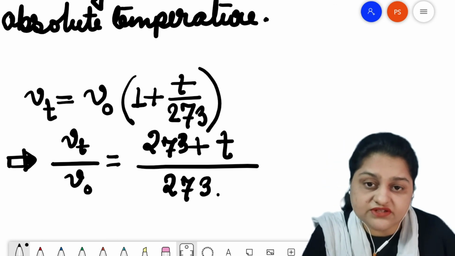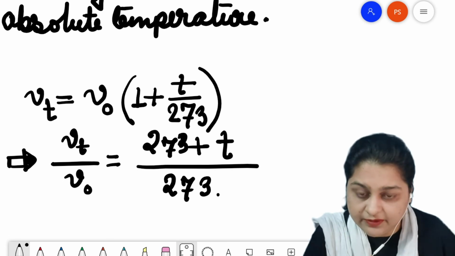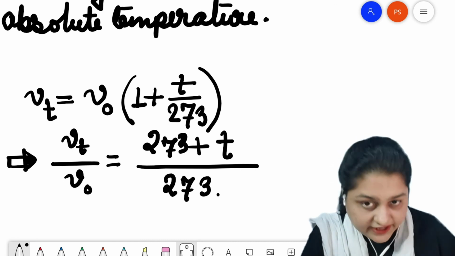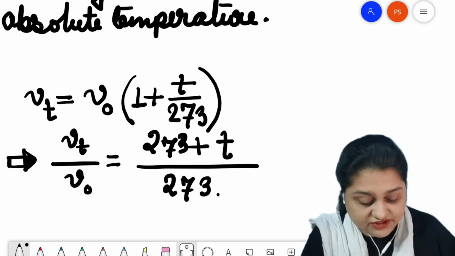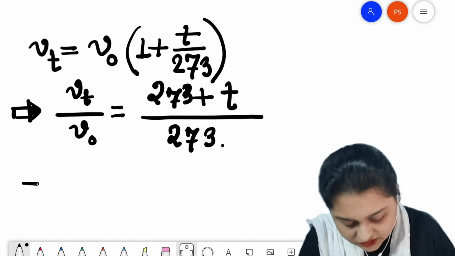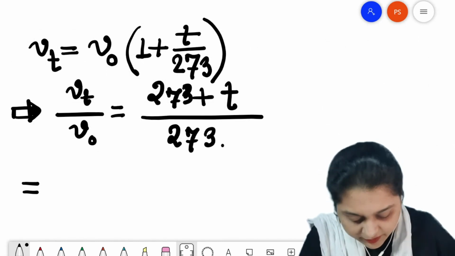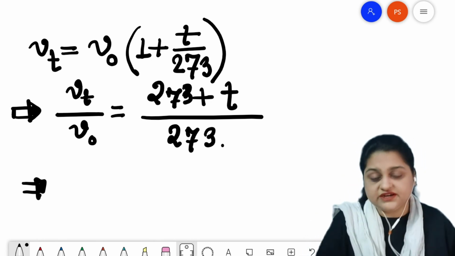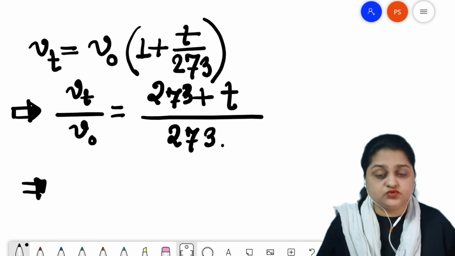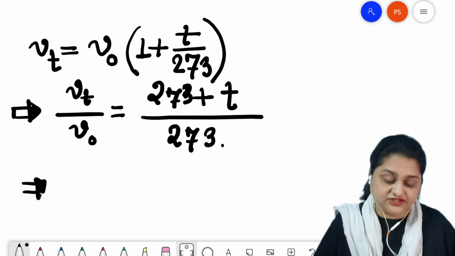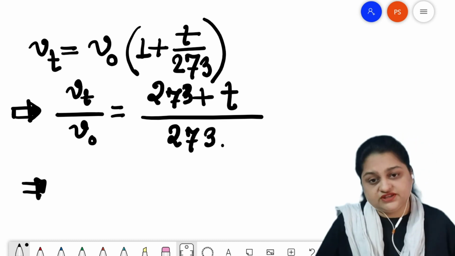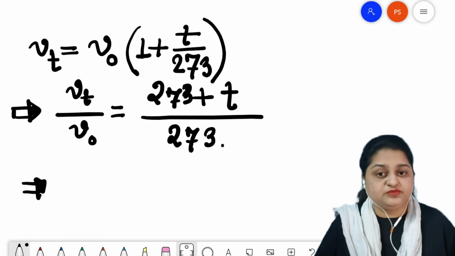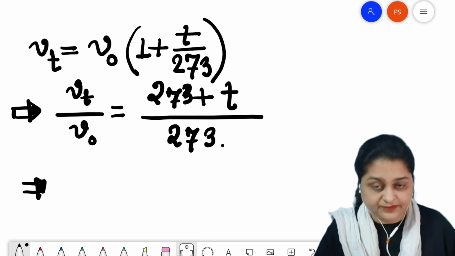Now we know that 273 is the base value for Kelvin temperature, and 273 plus T is the temperature on the Kelvin scale for T degree Celsius. So in turn we can say that the volume of a certain amount of gas at 0 degree Celsius is V naught, and the temperature on the Kelvin scale is 273 Kelvin, and at T degree Celsius the volume is Vt, and on the Kelvin scale the temperature is represented by 273 plus T Kelvin.